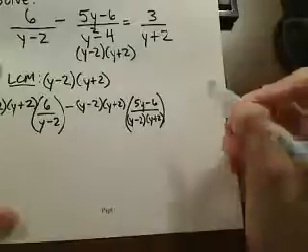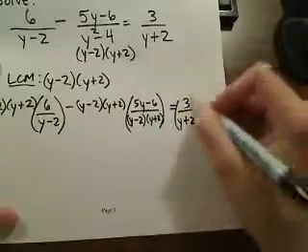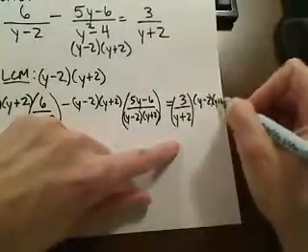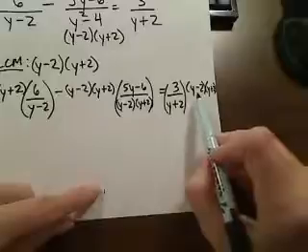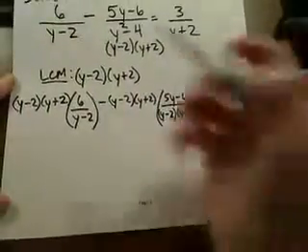It's a little small there, but I'm running out of room. So that's y minus 2 and y plus 2 right there. All right, so we can do some canceling then.